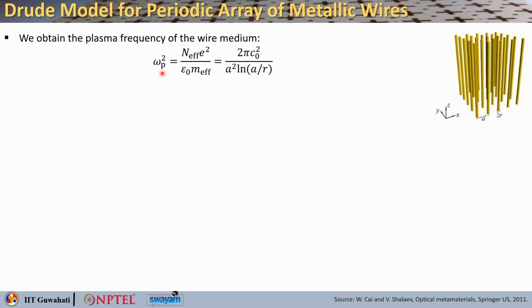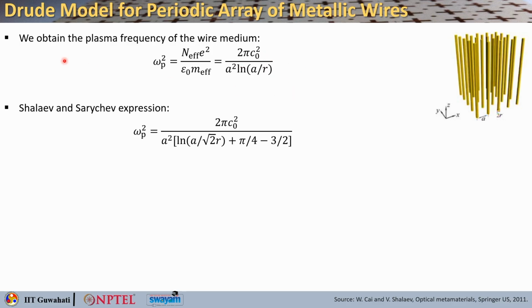So, you can see your plasma frequency is dependent on A and r. What is c naught squared? That is nothing but c naught is basically the speed of light in vacuum. So, c naught is 1 over square root of mu naught epsilon naught. Okay. So, this is how you can calculate the plasma frequency of this wire medium, completely dependent on the two physical parameters A and r.